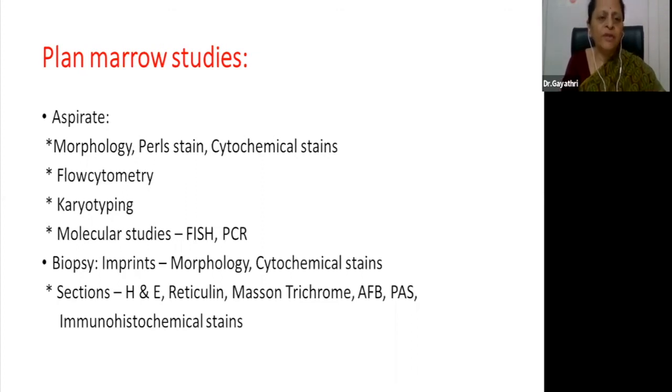So finally, when we do a marrow study, what all should we plan for? We have looked at several instances to answer the question of when you would do a bone marrow evaluation and what you would expect to find. So when you are doing a marrow evaluation, what should you be prepared for? You should collect marrow aspirate in EDTA as well as in sodium heparin.